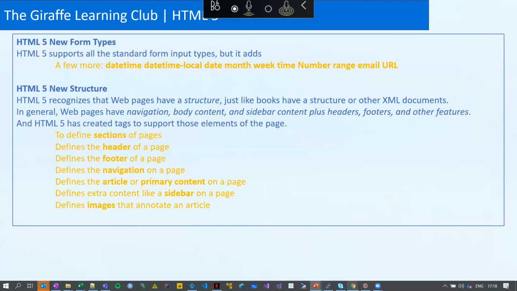Perfect. So now let's talk about a few more things in HTML5, like what's new that has been added. In terms of the form, new input types have been defined for calendar, date, time, local calendar, month, week, number, range, email, URL, telephone number. Email in itself is an input type in HTML5 because email is a fixed pattern.